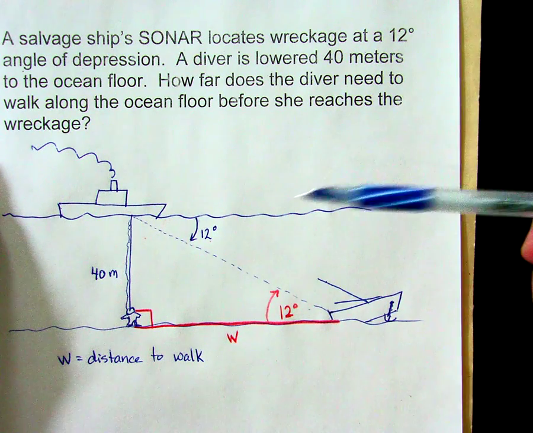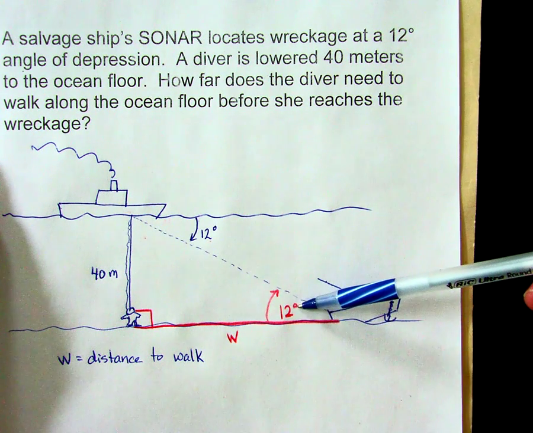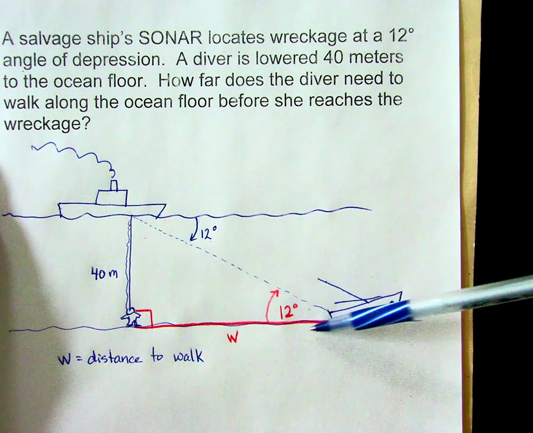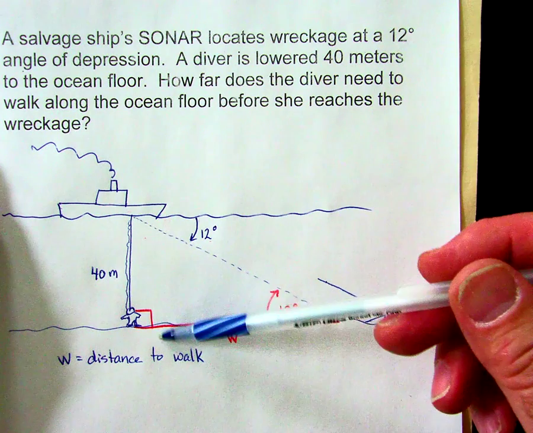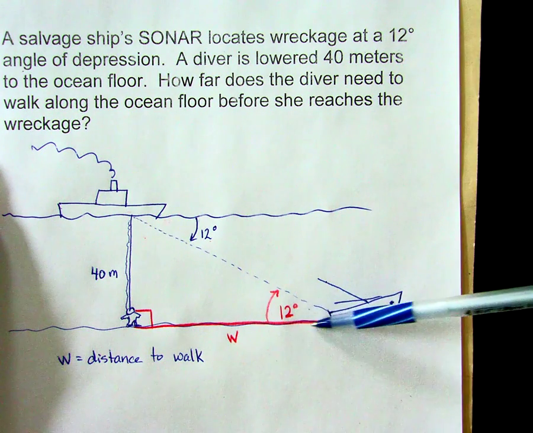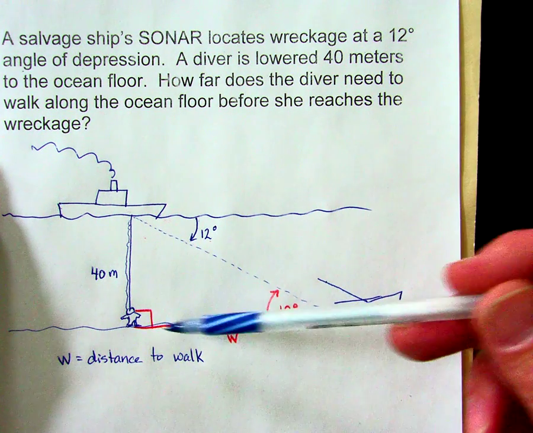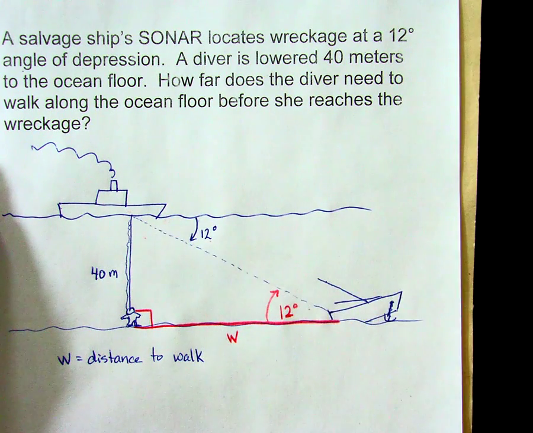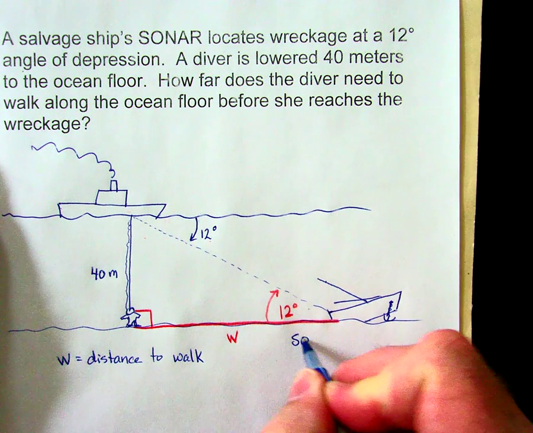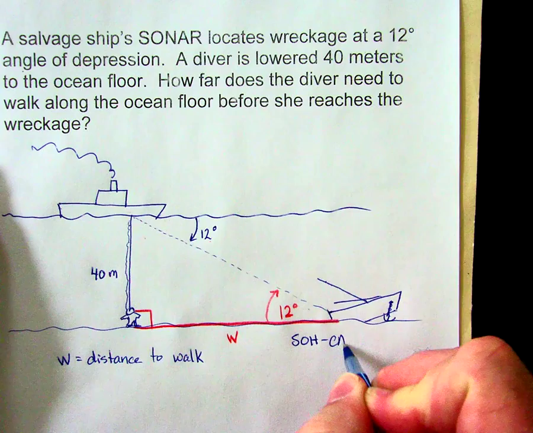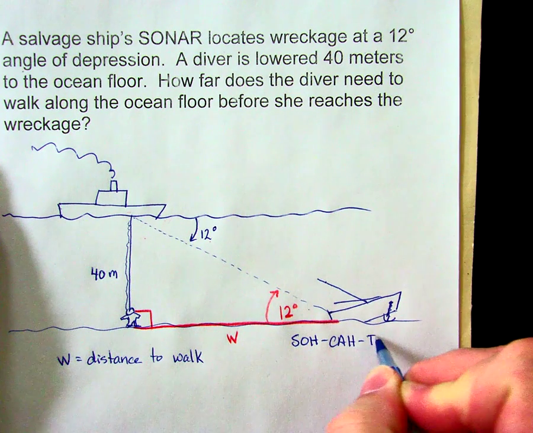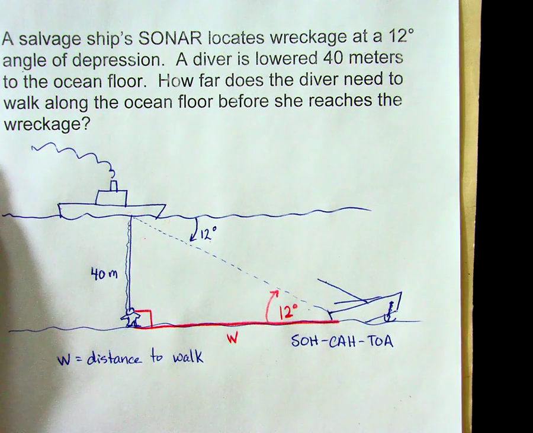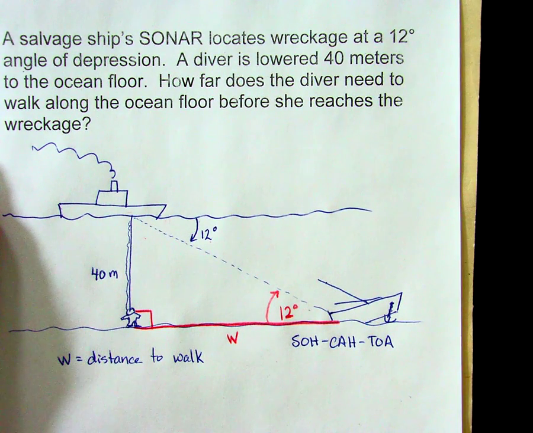So in my right triangle here, for the 12 degrees, that's the adjacent leg. It's one of the sides that makes the right angle here. The 40-meter distance would be the opposite leg. So just reviewing, which of those have the adjacent leg and the opposite leg?